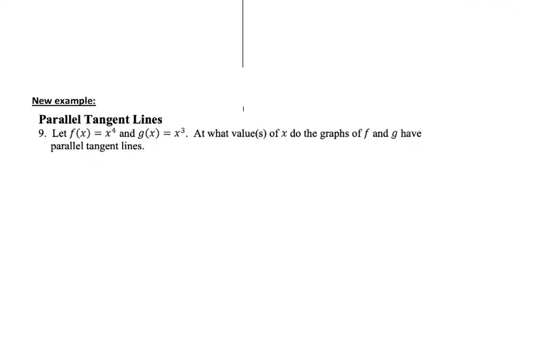Next, we're going to look at a related but slightly different type of problem. It says, let f of x equal x to the fourth and g of x equals x to the third. At what value of x do the graphs of f and g have parallel tangent lines? Well, to have parallel tangent lines, the tangent lines must have the same slope.